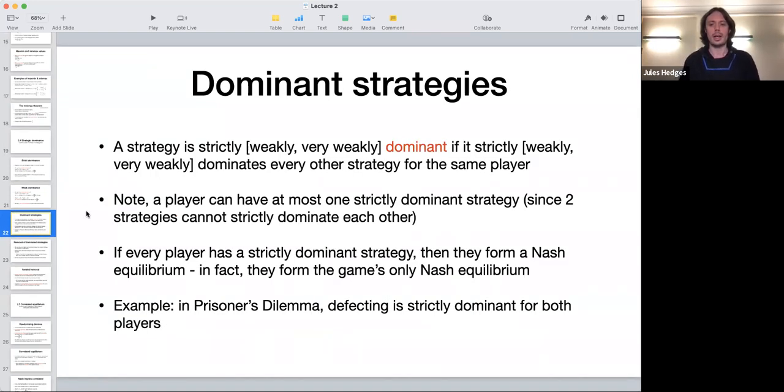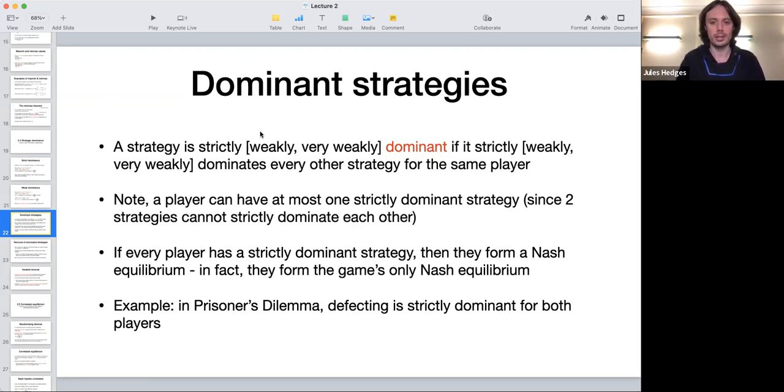Okay. And we're going to say that a strategy is strictly dominant if it strictly dominates every other strategy for the same player. So what this means is that a player will always want to play a dominant strategy. There is no reason that they would play any other strategy ever.